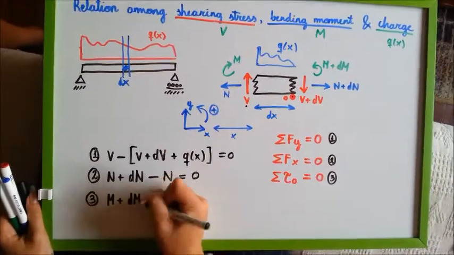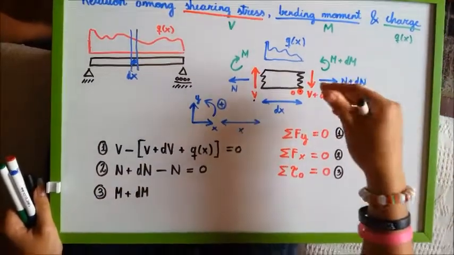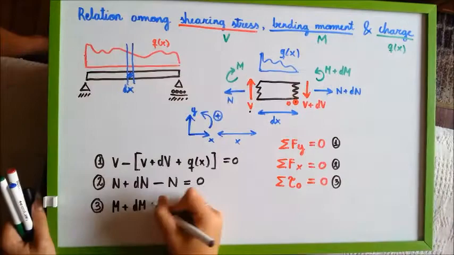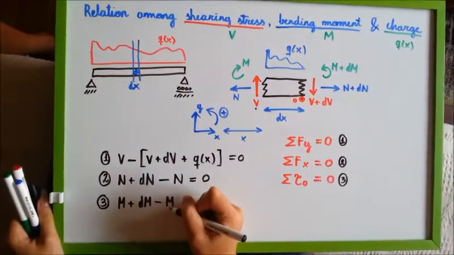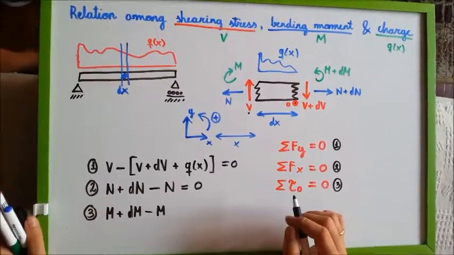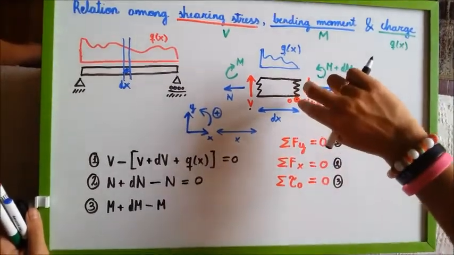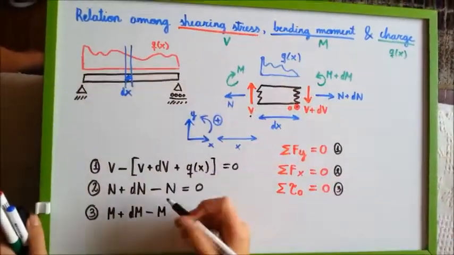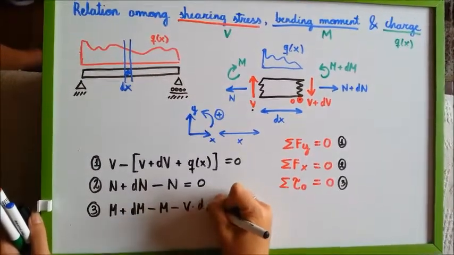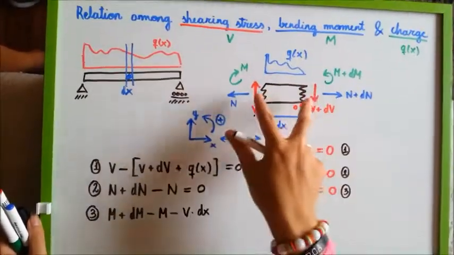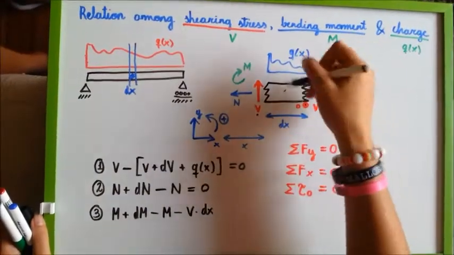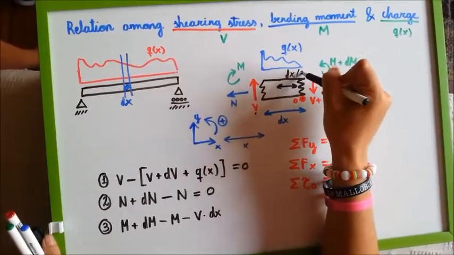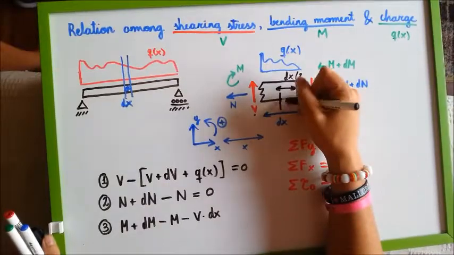Okay, and now this is in this direction, so it's negative, minus M. Now with respect to this point, V makes a torque V times dx, negative, minus V times dx, and the weight of this portion of beam applies on the center, so this is dx over 2, and the weight is always vertical.